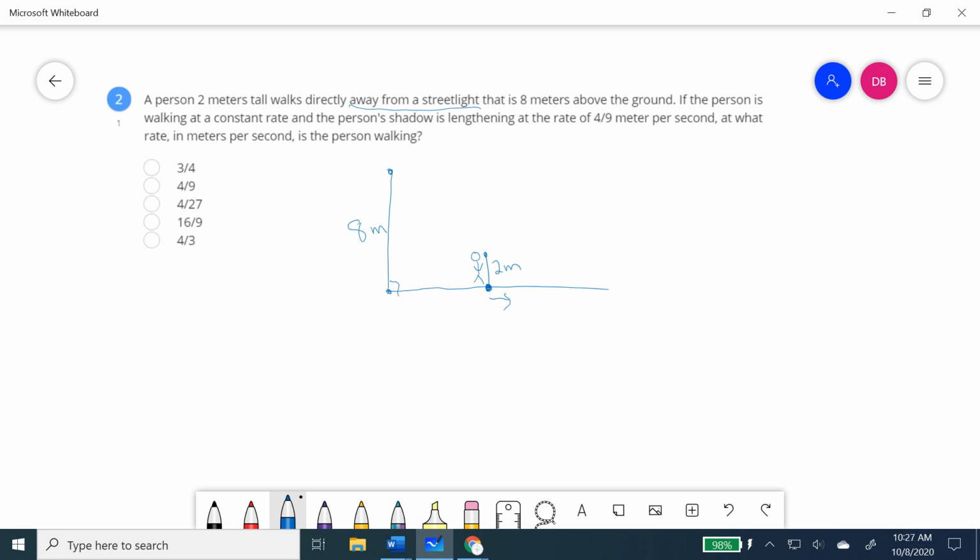If you take that one point to an anchored point that is not moving and look at the distance between those two, I'll make that an x, then that dx/dt is the same thing as how quickly the person is moving, that one single point. And because they're walking away from the street light, this is going to be positive, whatever the speed is of that walker.